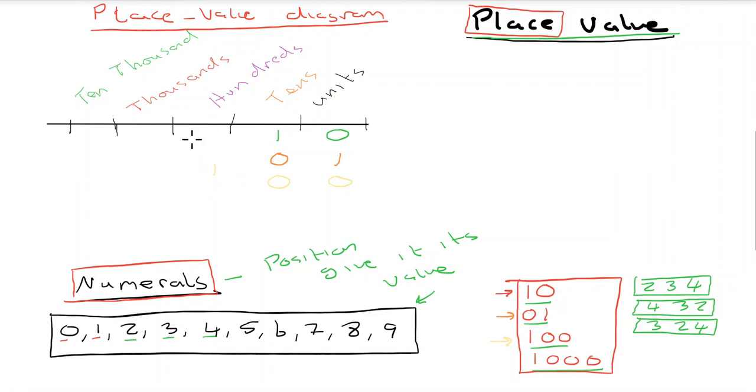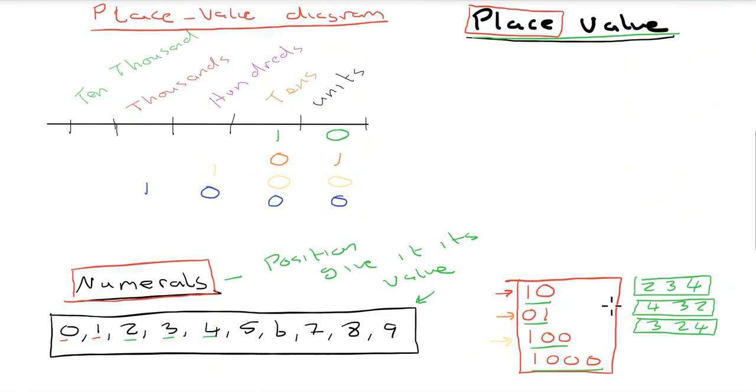Okay, so that represents the number 100. And so on, if we take 1,000, for example, 1,000 has 0 units, 0 tens, 0 hundreds, and then it has 1 thousand value. So this is what we mean by place value.